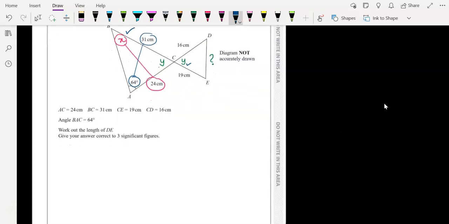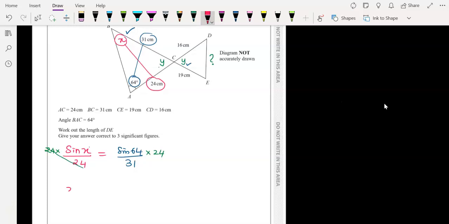We'll find angle x first. For sine x, the opposite side is 24, and for sine 64, the opposite side is 31. I need to find the value of x. First I need to cancel 24, so I'll multiply both sides by 24. The left hand side will cancel out. Now we are left with only sine x, but I need x alone, so we take sine inverse of both sides.